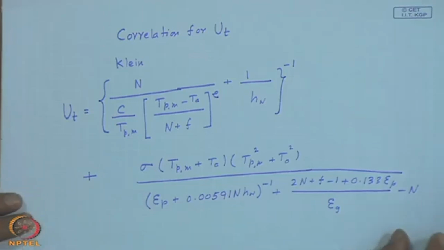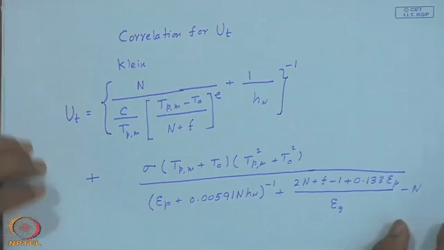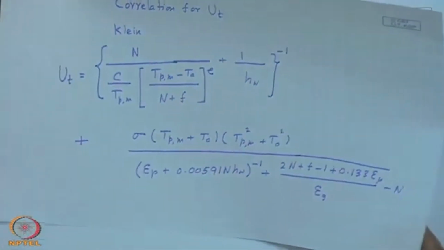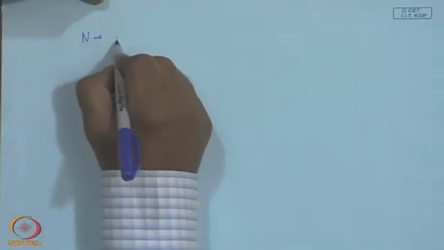Okay. So, this looks like a really difficult relation. I am not sure whether the iterative procedure takes less time, or this relation, and it is not all, where of course, n is the number of glass covers.